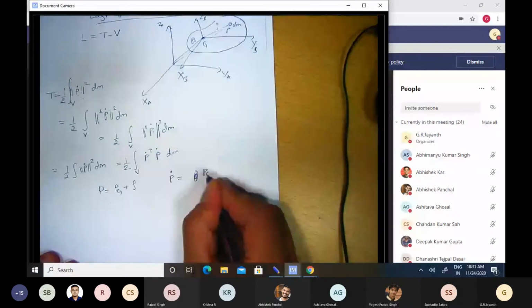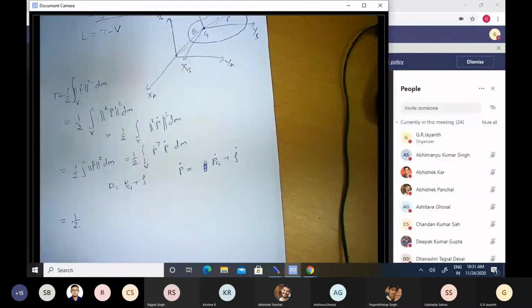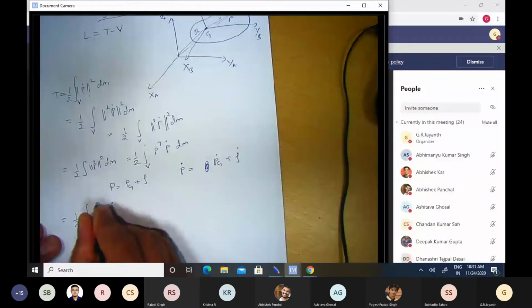So we would therefore have the kinetic energy. There's a lot of algebra. I will not do it completely because similar algebra has been carried out by us in the past. It will be equal to half integral of PG dot plus rho dot transpose times PG dot plus rho dot dm.